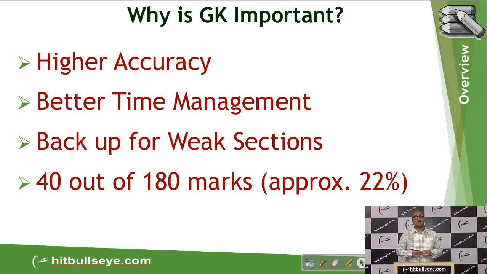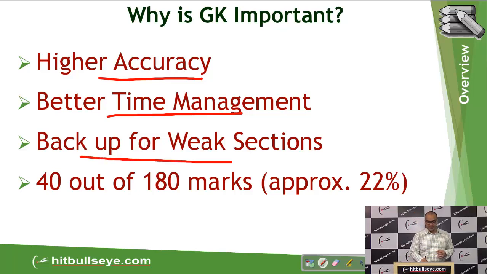Now, due to its inherent nature, the questions on general knowledge provide you with higher accuracy. This is because if you know the answer to a particular question, there is little or no scope of confusion. Secondly, these questions are highly time efficient because there is no calculation or analysis work required on your part.